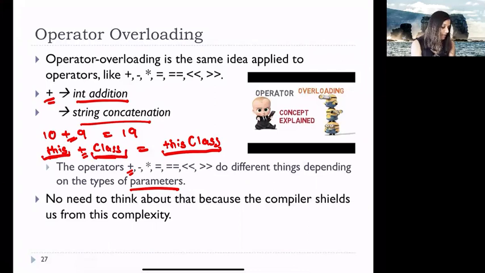Then you need to copy the characters of the first string into the first characters of that newly allocated string. And after you are done with that, you have to copy the characters of the second string into the next successive space of that newly allocated string. So if you are using an overloaded operator, then you don't have to do all these things manually. It shields you from that complexity of doing everything.